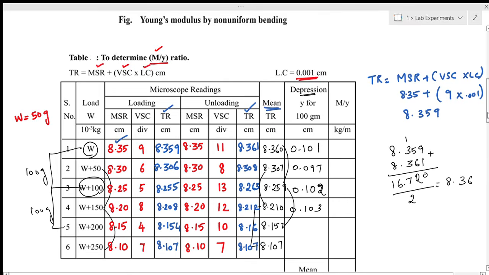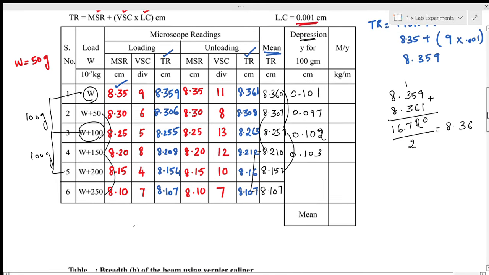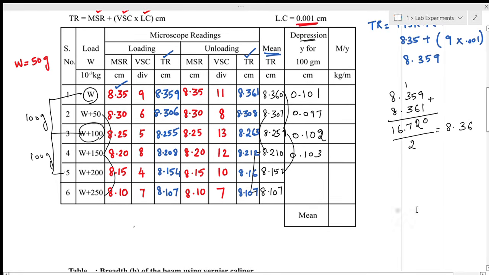Now the M by y ratio should be taken. For every 100 grams, the depression made is determined here. This is that y value. So in your calculator, go for the M by y ratio.